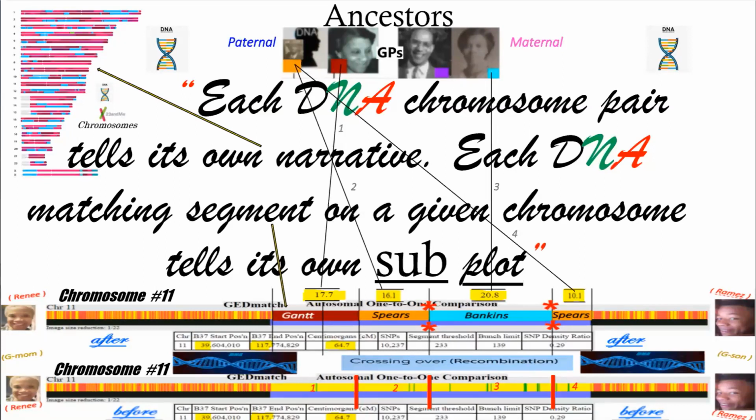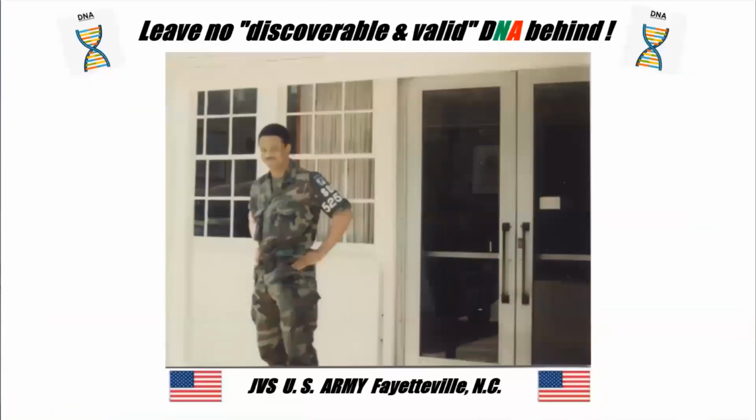And in doing that, if we see matches with Ramez, say on the banking side, that might be in this 20 centimorgan range, it's in the same area, it's aligned with the same logic, we would assess that as being valid. If we see a 10 centimorgan match in the Spears area, or even smaller, if it's in the right place on the right side, and we know the history, I would not tell Ramez that that small match in that area is not a valid match. I think it's the old soldier in me that just believes we should not leave any valid discoverable DNA behind.